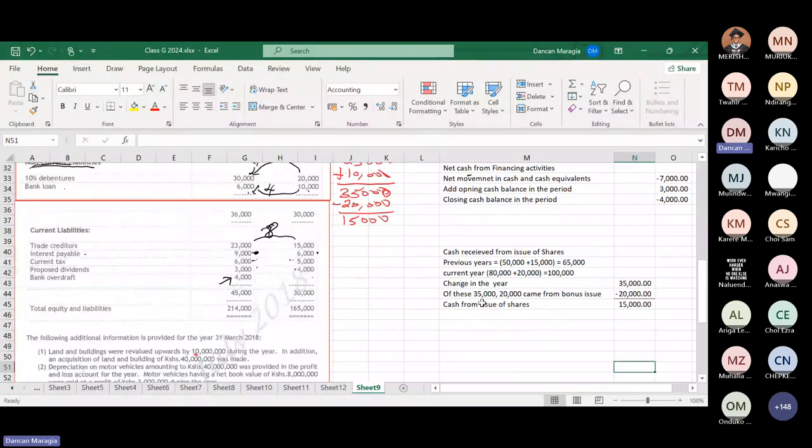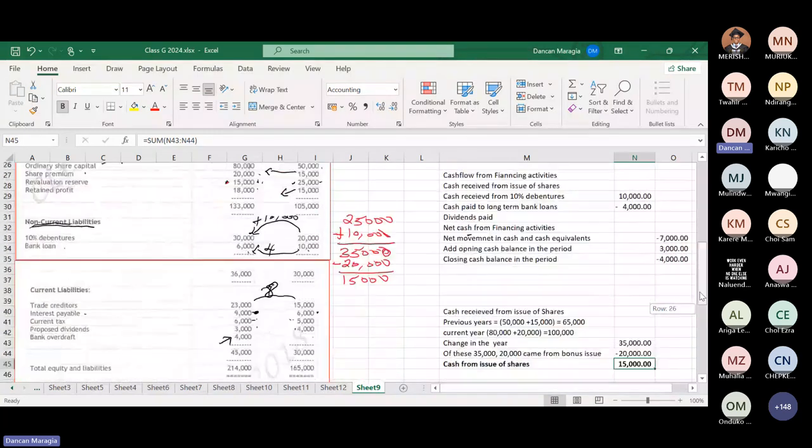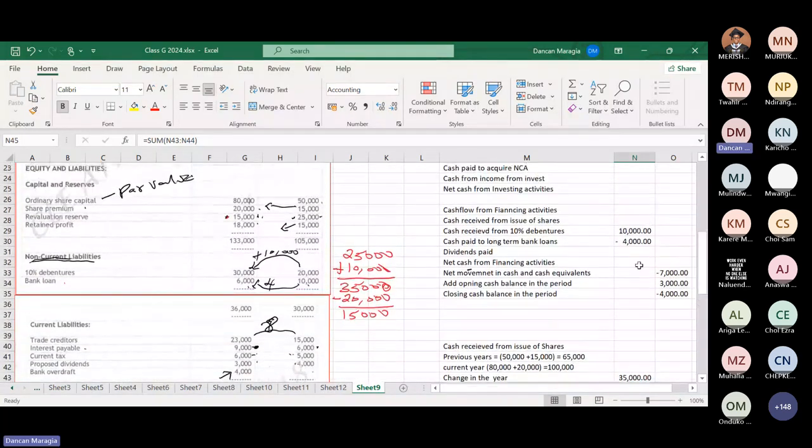Good. Cash from issue of shares, 15 million. So we come here, cash received from issue of shares, 15 million.